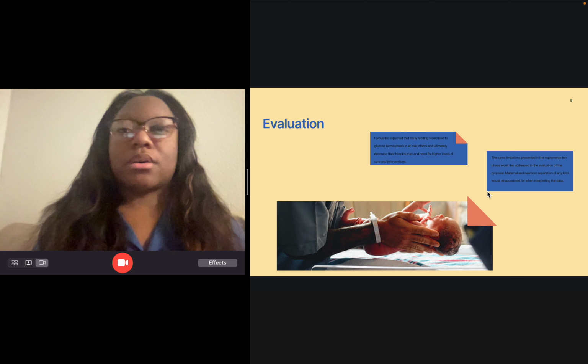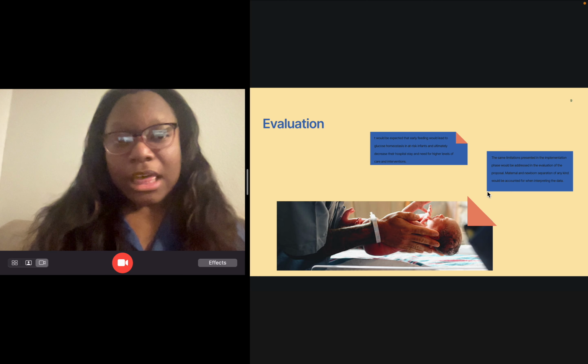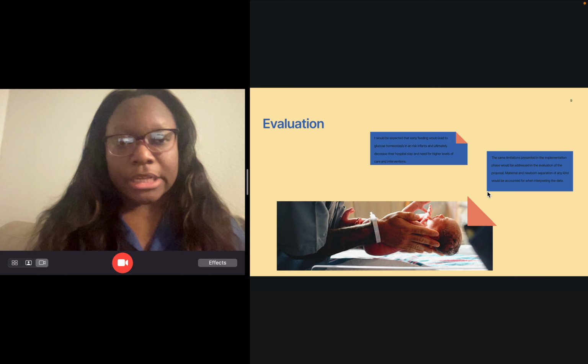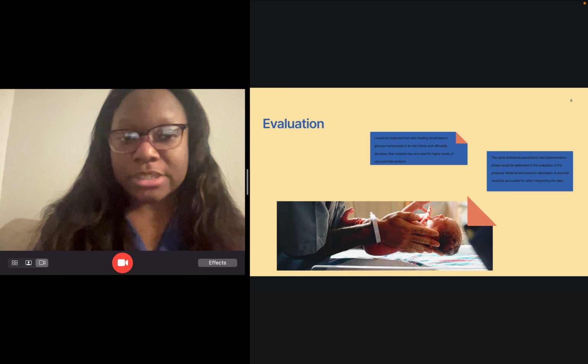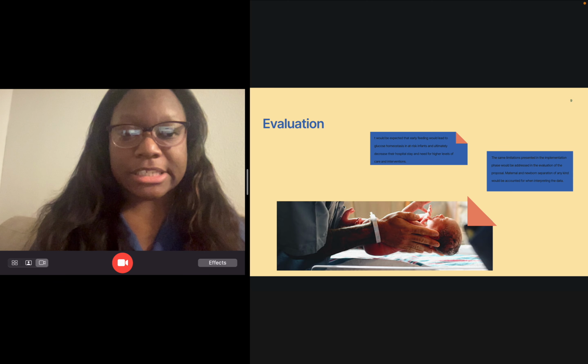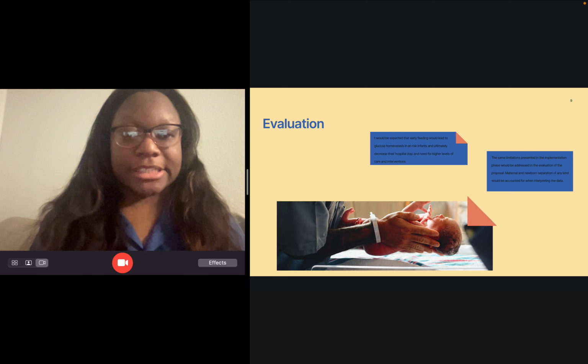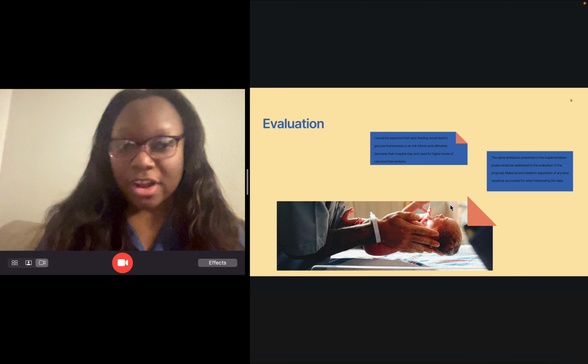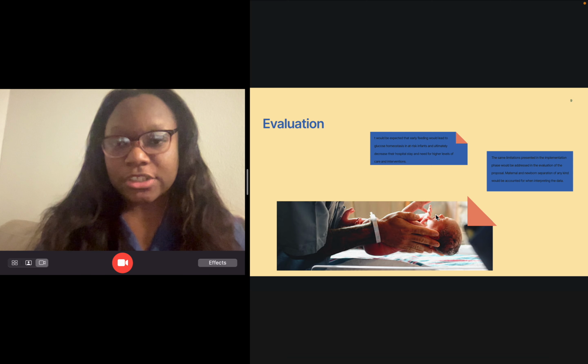Evaluations. I would expect that early feeding would lead to glucose homeostasis in these at risk infants and ultimately decrease their hospital stays and need for higher level of care and interventions.